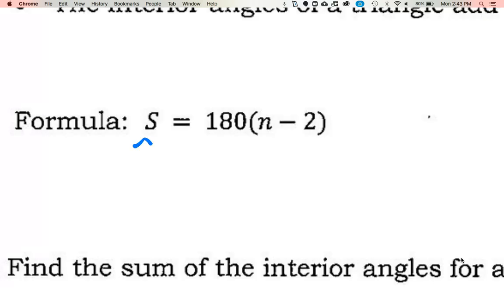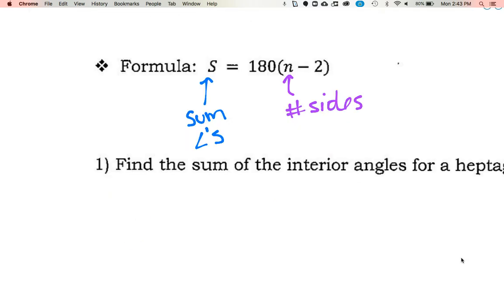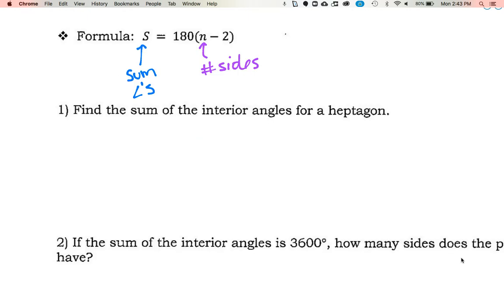So S is going to stand for the sum of the angles. And n is going to be the number of sides. So for a heptagon, we're saying that n equals 7.